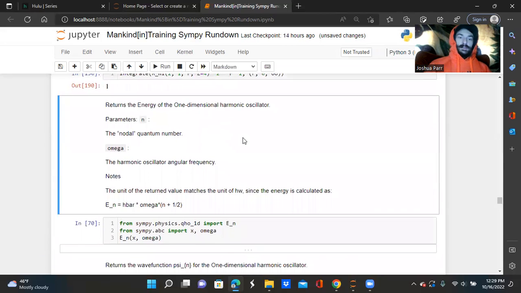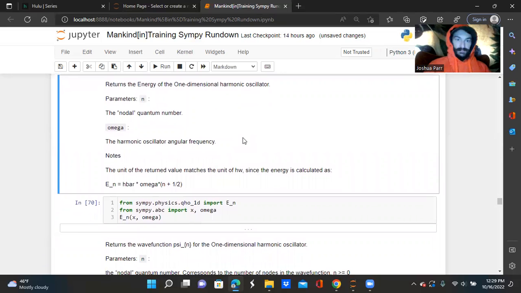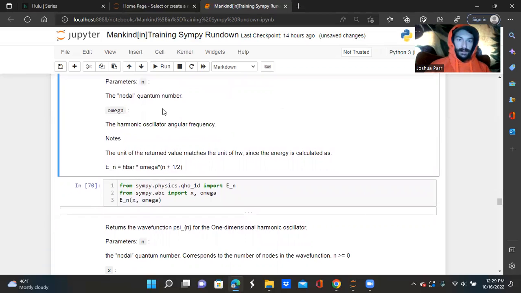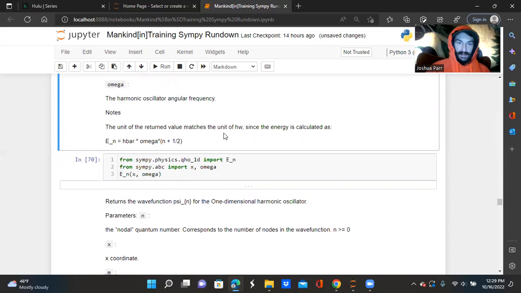So now we want to return the energy of a one-dimensional harmonic oscillator. Parameters: your nodal quantum number, omega, the angular frequency of the harmonic oscillator, and the unit returned matches the unit of h omega, since the energy is calculated as En equals h bar times omega times n plus 1/2.